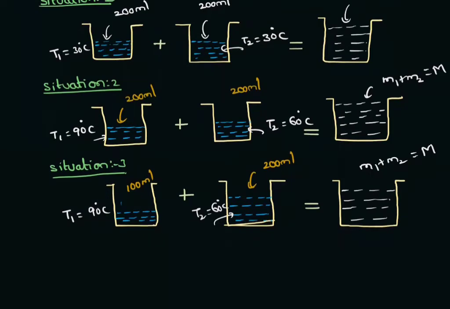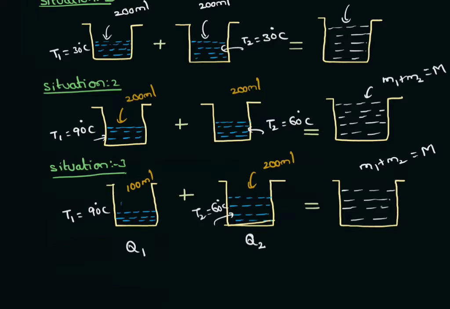See, in the first situation, whatever heat it is going to have, let me take as Q1 amount of heat. In the second one, Q2 is the amount of heat. What is the third one? In the previous videos, we have seen that the heat gained by the cold body equals the heat loss by the hot body, right?